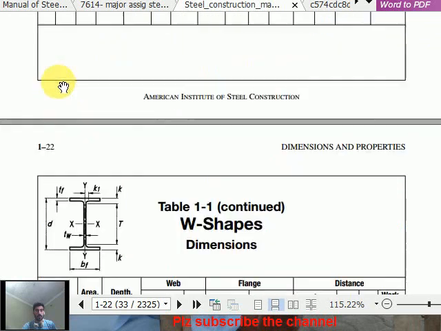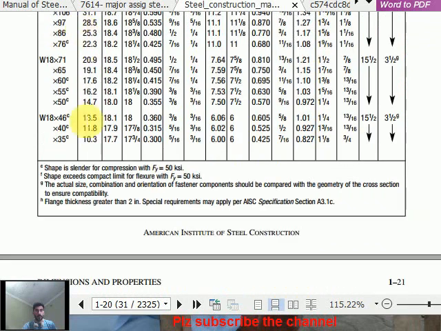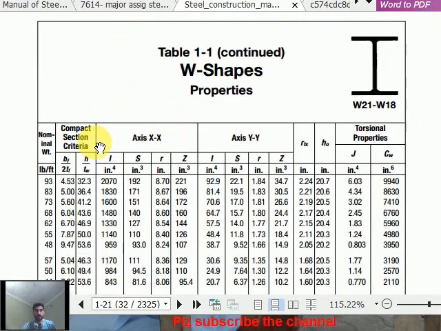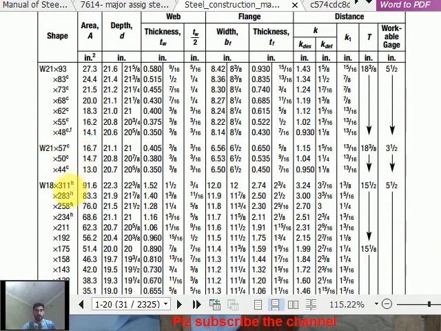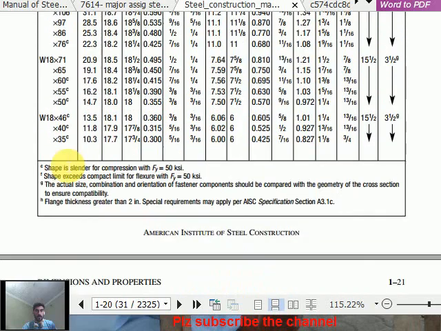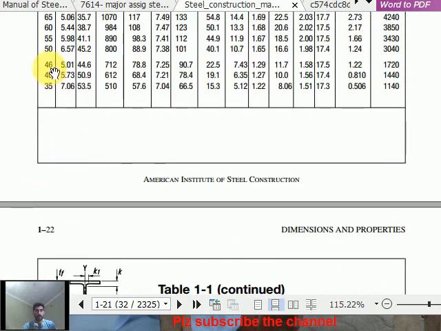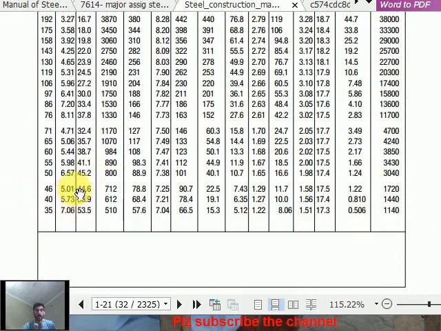Here you see bf divided by 2tf and h by tw. We require both these values, clear? And here you see 5.01 and 44.6. So this is the way we select it.